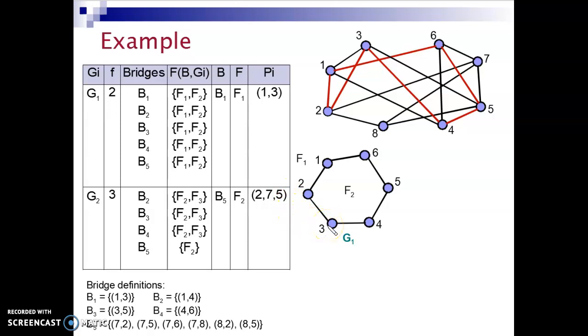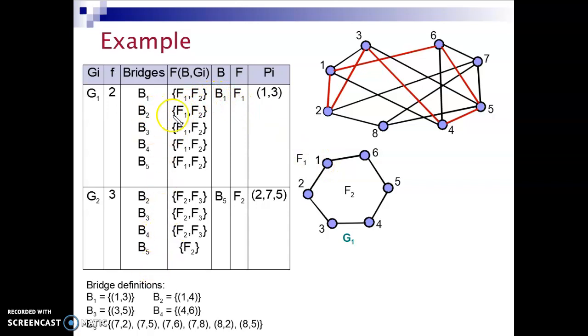So both of these options are possible. That's why we put here both of the faces, F1 and F2. This is the set of faces in which we can draw the bridge without crossing edges. So there are 2 options for bridge 1 to draw.